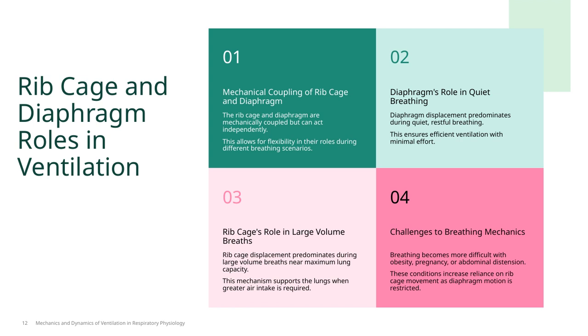In quiet, restful breathing, the diaphragm takes center stage. Its displacement is the main driver, ensuring efficient ventilation with minimal effort. This dynamic interplay between the rib cage and diaphragm highlights the adaptability of our respiratory mechanics, which is essential for meeting varying oxygen demands throughout different activities and conditions.